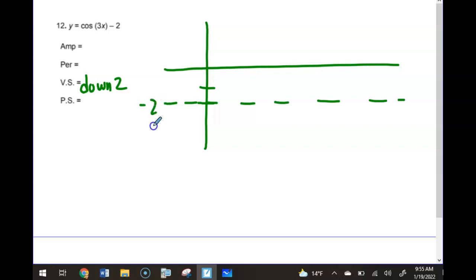But the amplitude is only what? 1. Now, it's a cosine graph, so it doesn't have a shift left or right, so I could just go ahead and draw the cosine shape. It should go from negative 1 to negative 3.